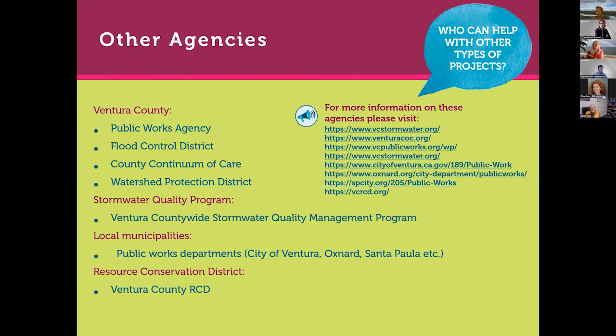I guess I would just say the countywide stormwater program, probably the best way to get in touch with that program is just through your local municipality, since the countywide program is made up of the city stormwater programs working collaboratively. So the best avenue is just through your local city or county unincorporated stormwater program. Yeah. Thank you for reminding me that it's also a collaborative program.